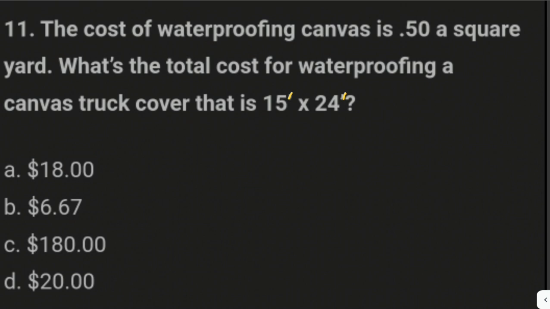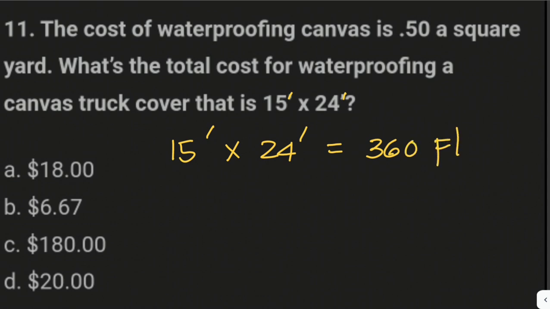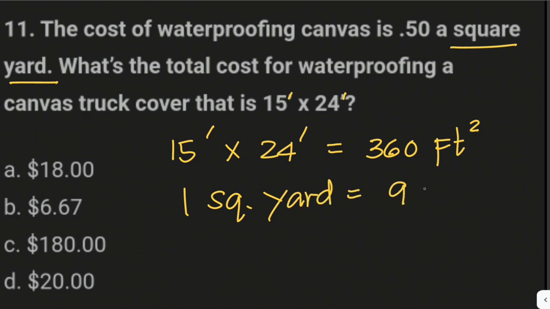All we have to do here is first calculate the total square feet. So it would be 15 feet times 24 feet, which is just equal to 360 square feet. So that is the area. And then the next thing we do is convert the square feet to square yards. 1 square yard is just equal to 9 square feet.